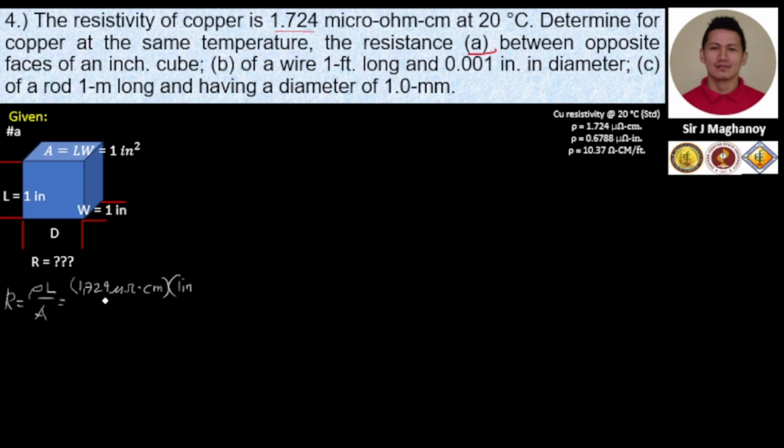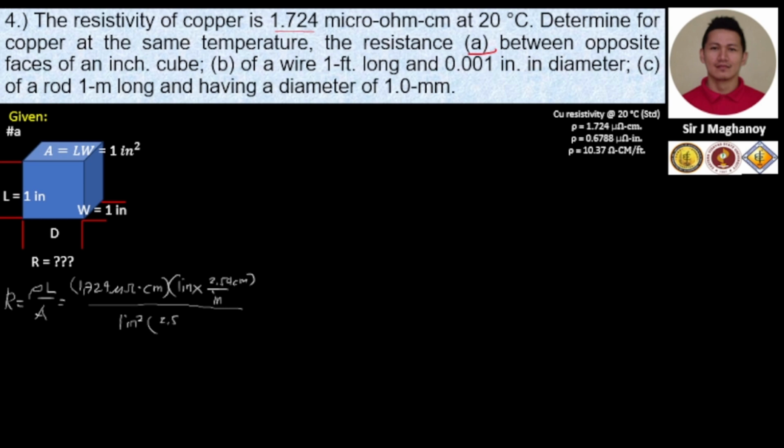Since the unit for our resistivity is in centimeter, we need to convert 1 inch to centimeter. So in every inch there are 2.54 centimeters. All over the value of our cross-sectional area, that is 1 square inch. Again, the unit of our resistivity is in centimeter, so we need to convert inch to centimeter.